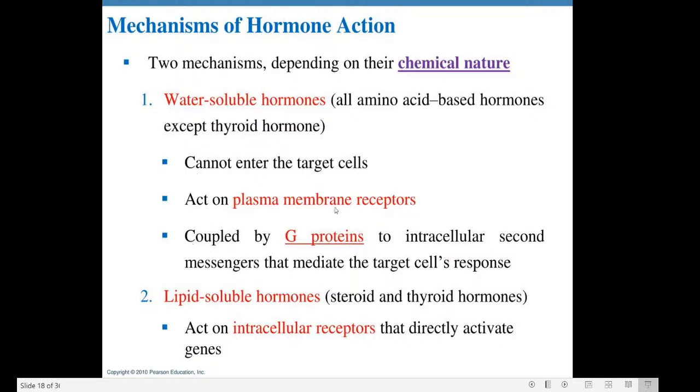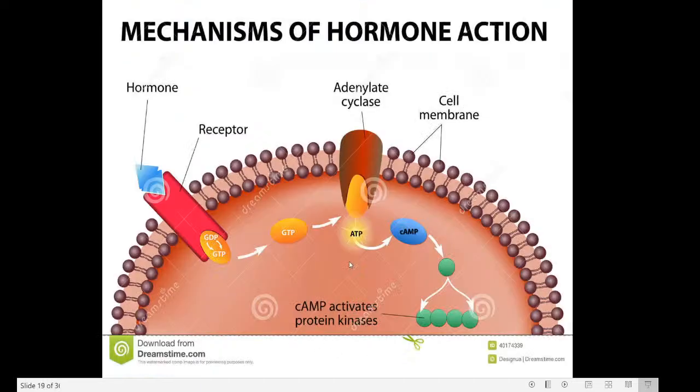They act on the plasma membrane receptor, which is coupled to G proteins. Lipid soluble hormones are the steroids and thyroid hormones, and they act on intracellular receptors.